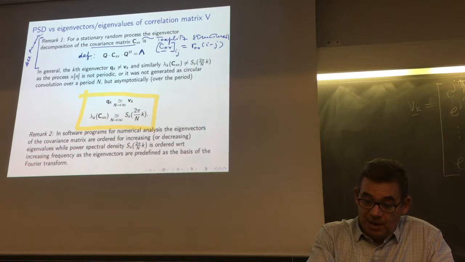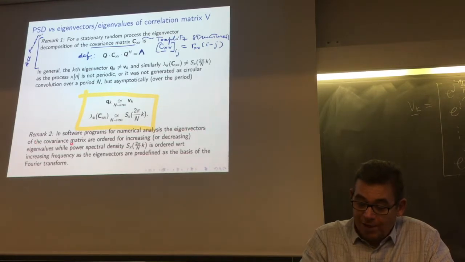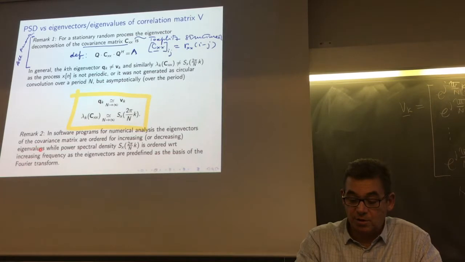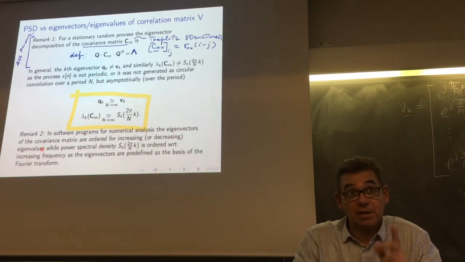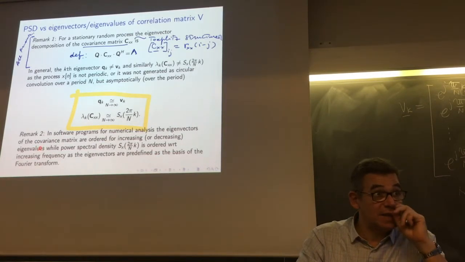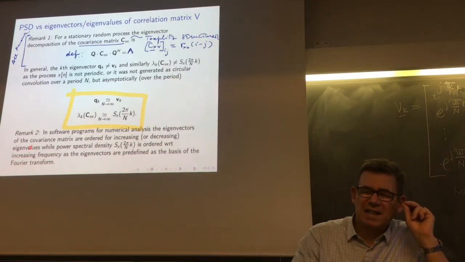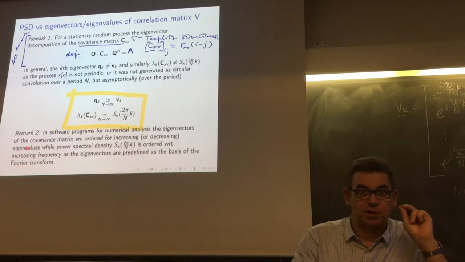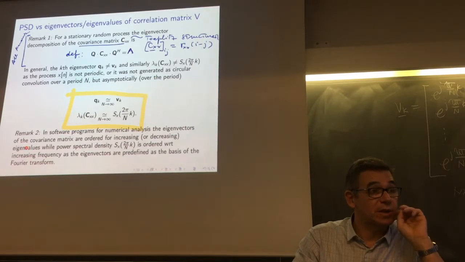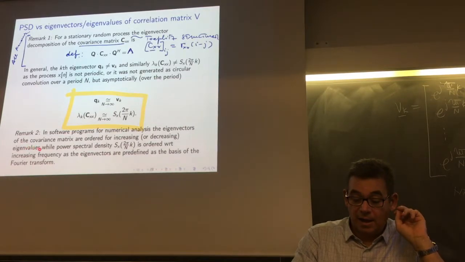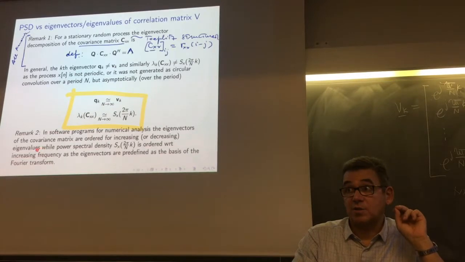So this is remark number 2. It says that in software programs for numerical analysis, the eigenvectors of the covariance matrix are ordered by increasing or decreasing eigenvalues. In MATLAB, I think it is in decreasing order of the eigenvalues.